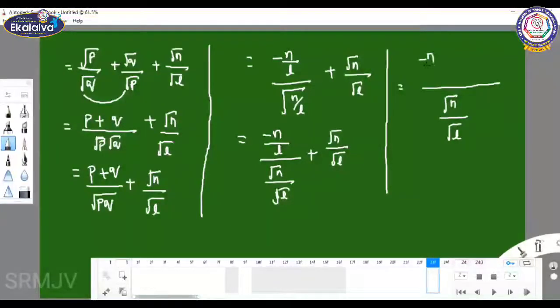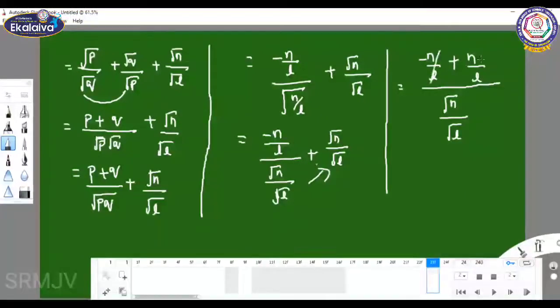So minus n by l plus, when we cross multiply these two values, root n into root n equal to n, and the same way root l into root l equal to l. So what is the answer for this? n by l.